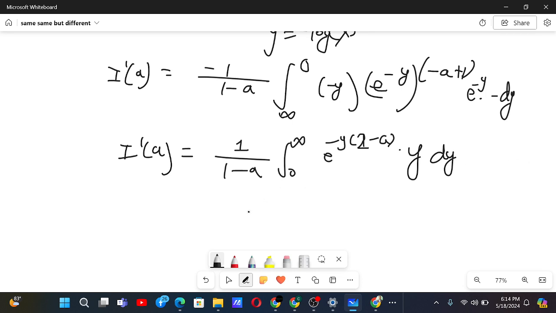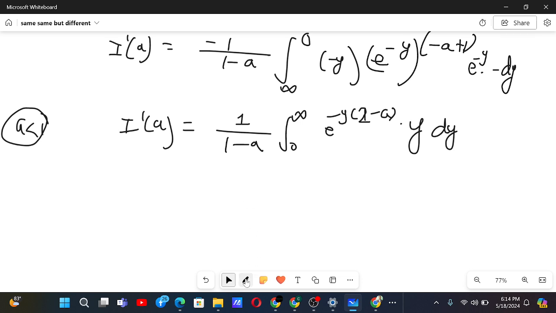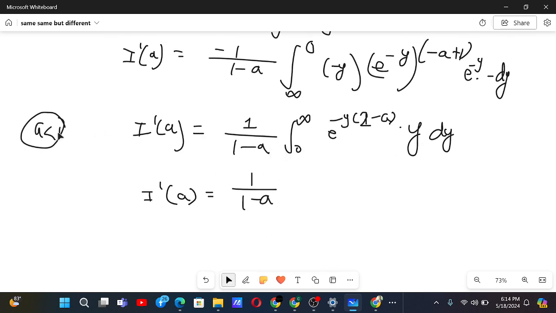Now assuming that a is less than 1, in which case 2 minus a will always be positive, we can do this, and we get I'(a) equals 1 by 1 minus a. Since finally we are going to put a at 0, this assumption will not be any trouble to us, because 0 is of course less than 1.